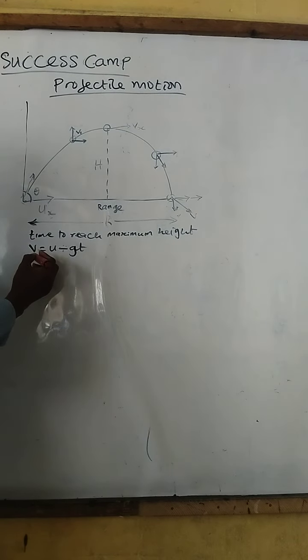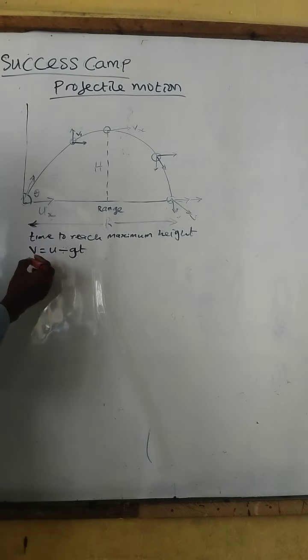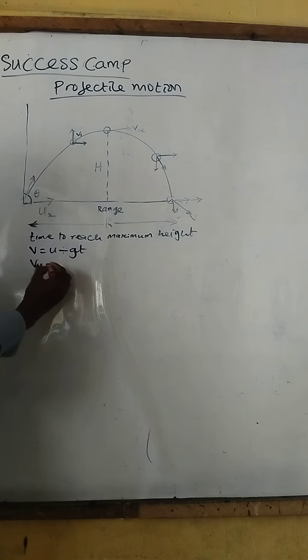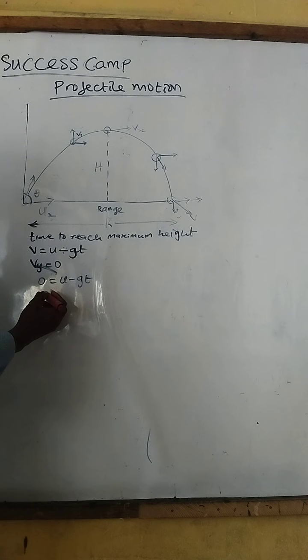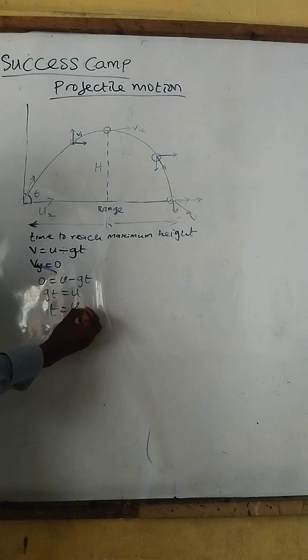Anytime you see time to reach maximum height, it depicts that our vy, because it's going up, is going to be 0. So that means 0 equals u minus gt. Bring gt to this side and make u remain here, making t the subject of the formula, t becomes u over g.